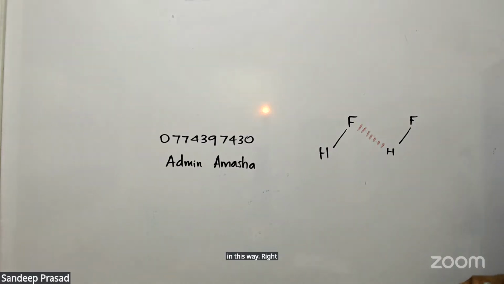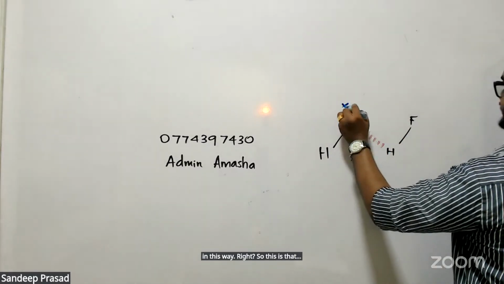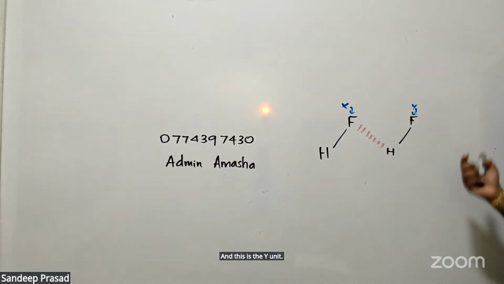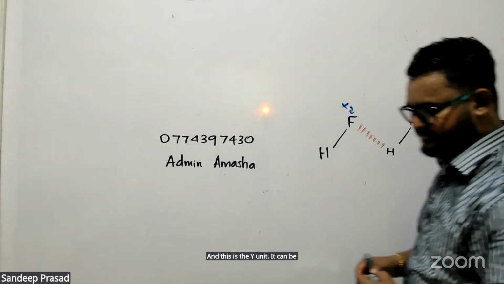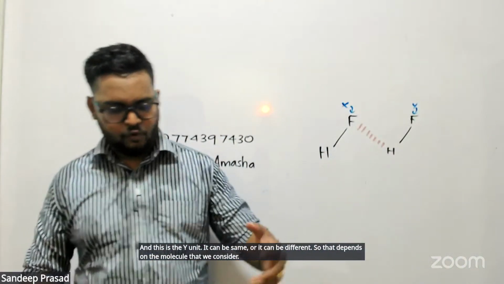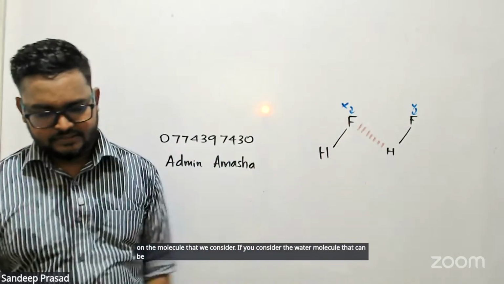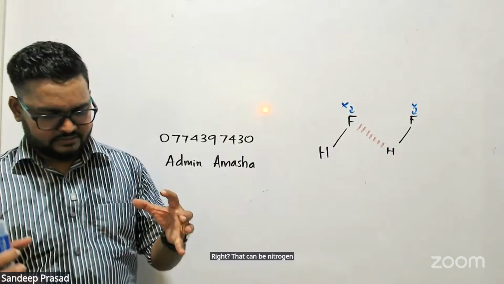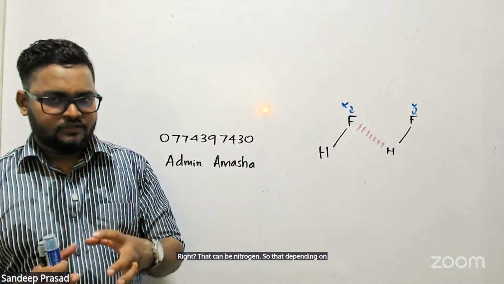So this is the X element and this is the Y element. It can be same or it can be different. So that depends on the molecule that we consider. If you consider the water molecule, that can be oxygen, right? That can be nitrogen. So that depends on the molecule that we are taking.